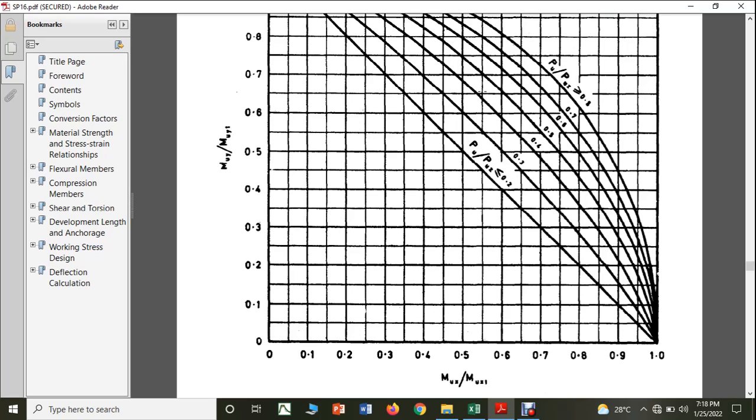Therefore when I go corresponding here and come down, I am going to get the MUX by MUX1 value. I can call that MUX by MUX1 permissible.